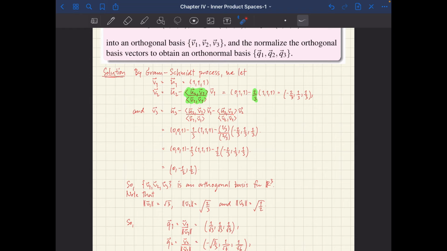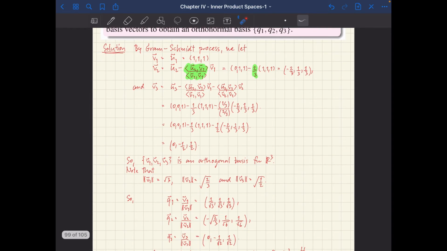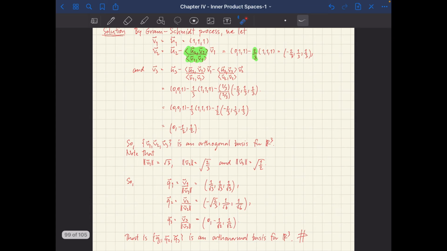So we find the norm of v1, v2, and v3, and we can show that q1 is v1 over the norm of v1, and we obtain a vector like this. q2 is this vector, and q3 is this vector. It's not hard to do that.